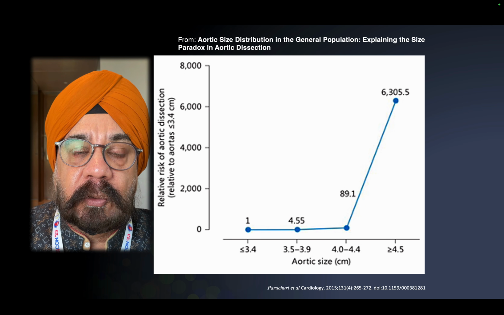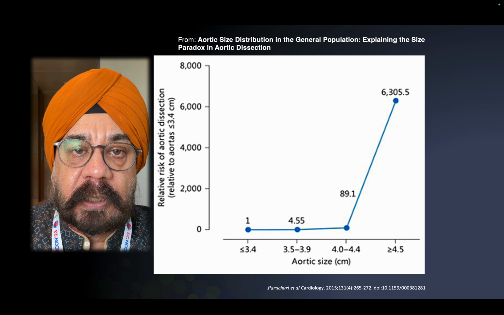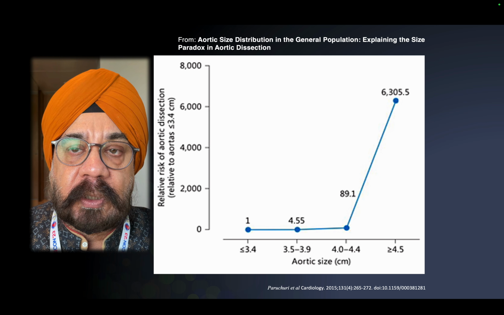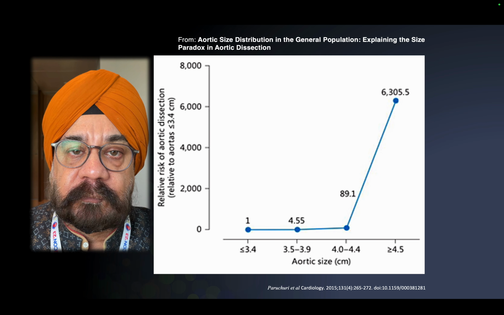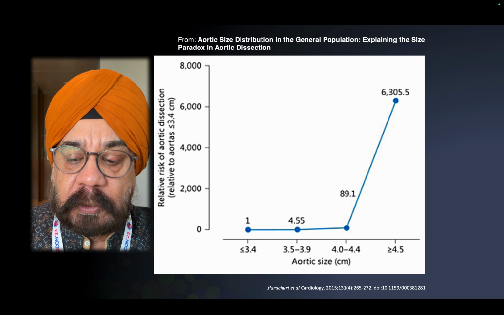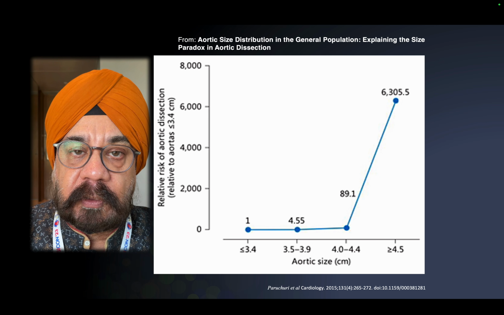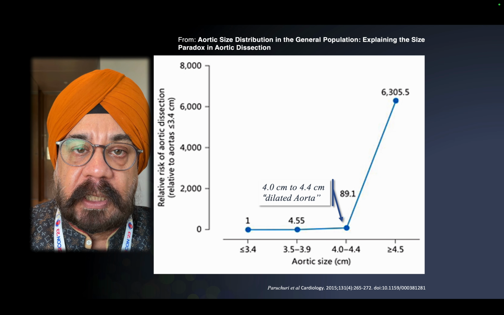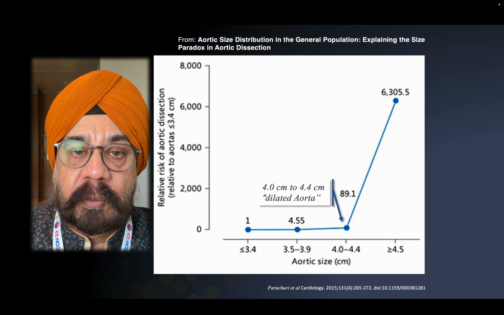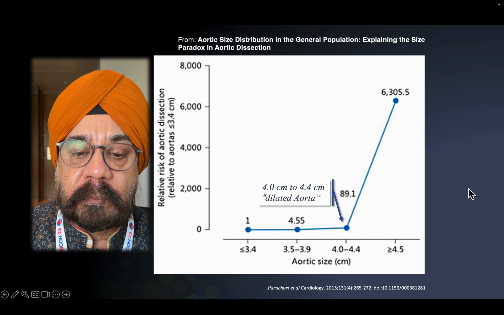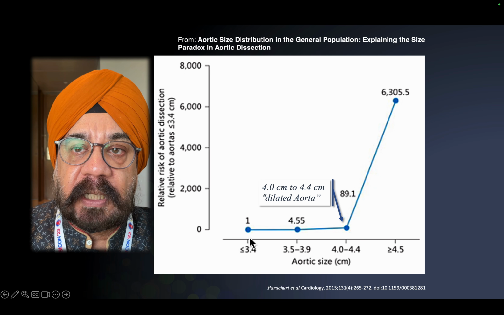So then we looked at when these people tend to develop dissection of the aorta, what the risk factors are, and at what size we should expect that aortic dissection has a very high likelihood. If the aorta dilates more than 4 centimeters in diameter, then there is about 90 times more chance of dissection from the baseline of 1.